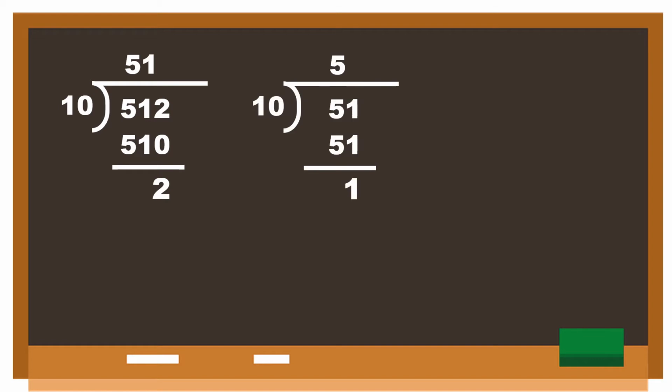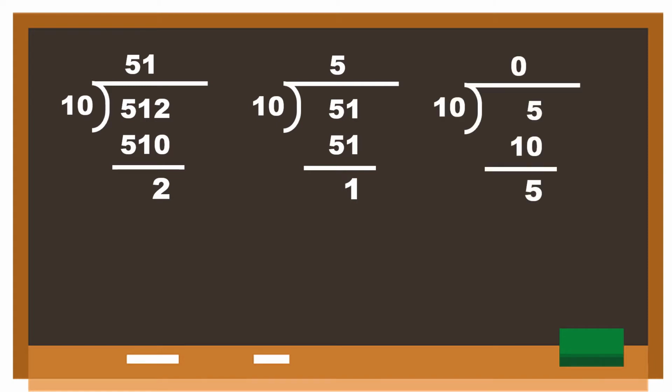Then do the same thing on 51 that you have received as a division in the earlier calculation. You'll get 1 as a remainder, and then 5 will be the division. Again do the same thing. At the end you will see the remainders of all these 3 divisions will be 2, 1 and 5.